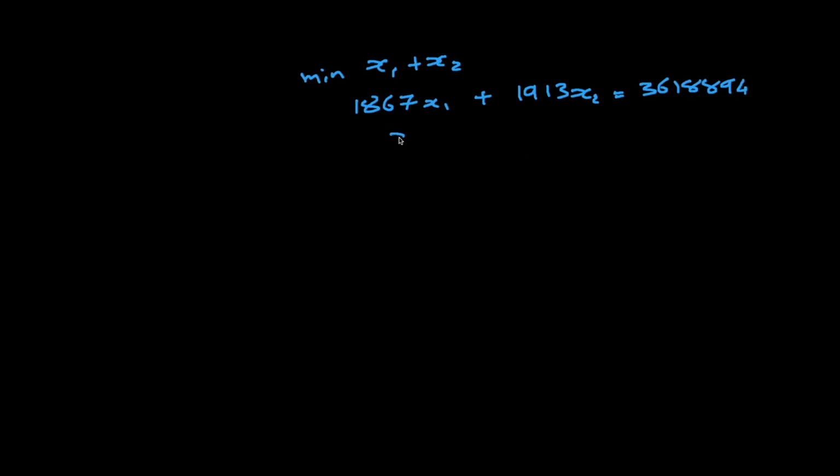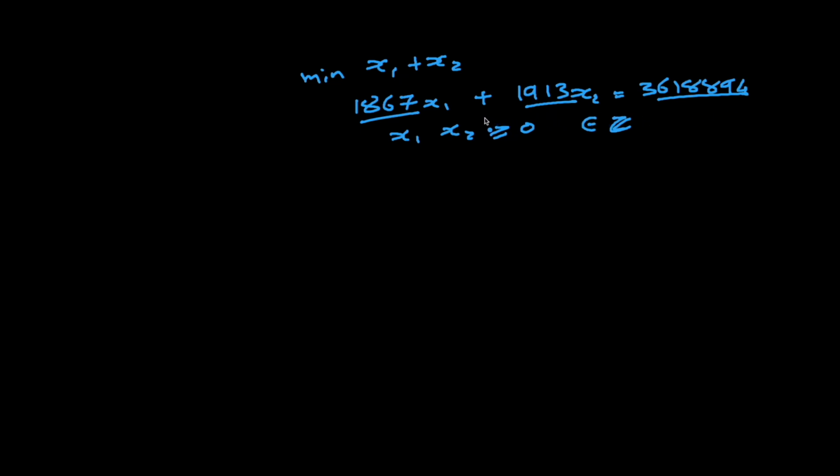This example is again in the paper: minimize x1 plus x2, where the coefficients are a bit scary, but don't worry about that. 1867 x1 plus 1913 x2 equals a very big number, 3618894, and x1 and x2 are both greater than or equal to 0 and are integers. Now, 1867 is a prime number, 1913 is also a prime number, and this is some big number.